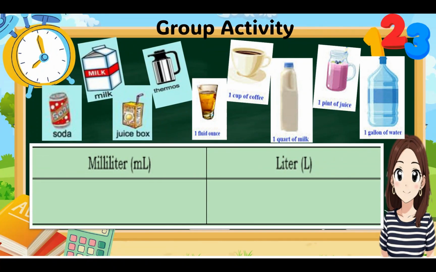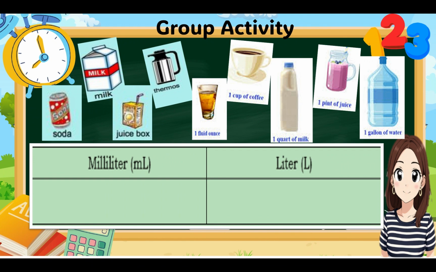Now for this activity, the same thing with what we did earlier on the other activity in mass. You have to select what appropriate unit of measurement we have to use in order to measure the capacity of the following objects. If it's milliliter, then you have to paste the picture of that object on the milliliter column.